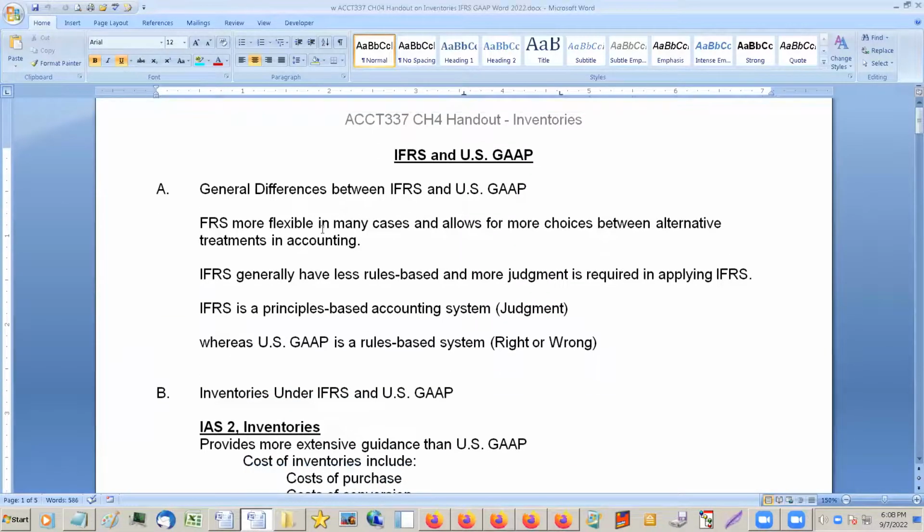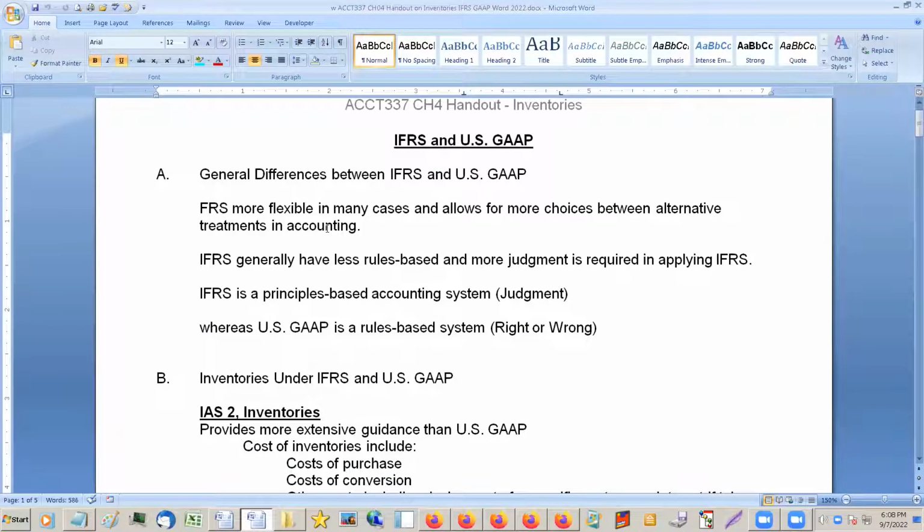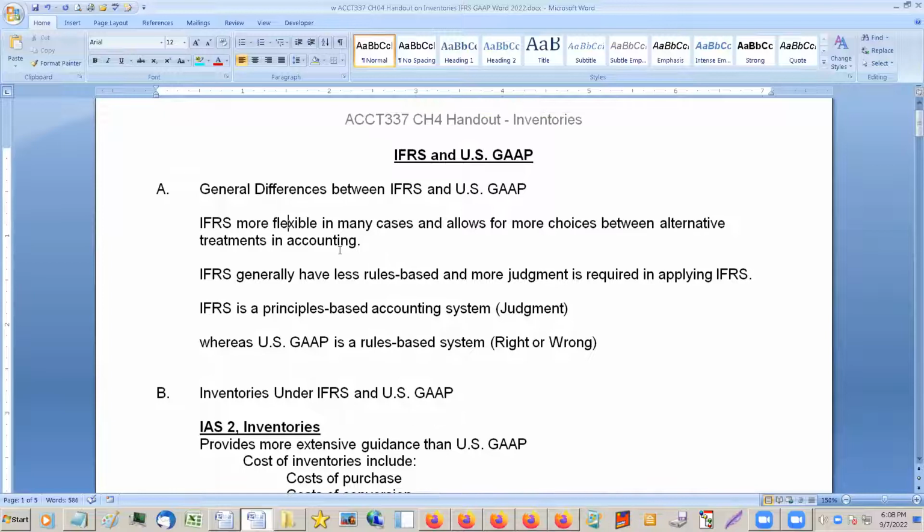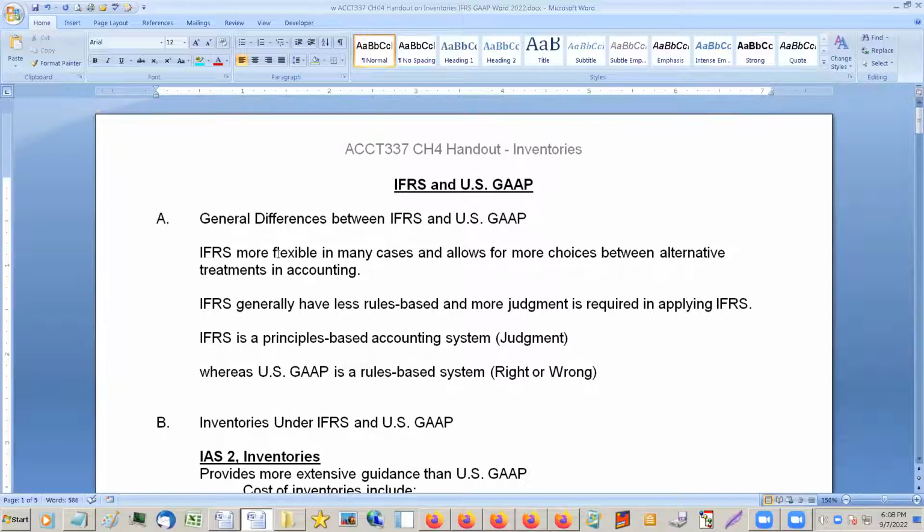Okay. Oh, I'm missing an I. IFRS is more flexible in many cases and allows for alternate treatments of accounting. You'll find this in general that for a lot of things, not all things, but some things, they'll have more flexibility. You can account for it this way or that way.